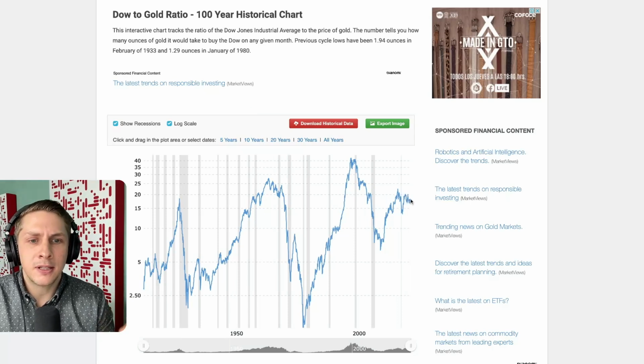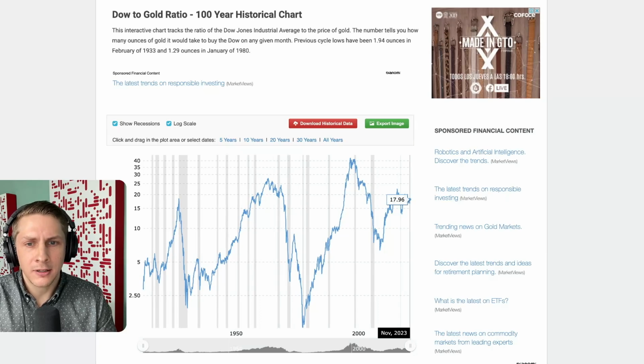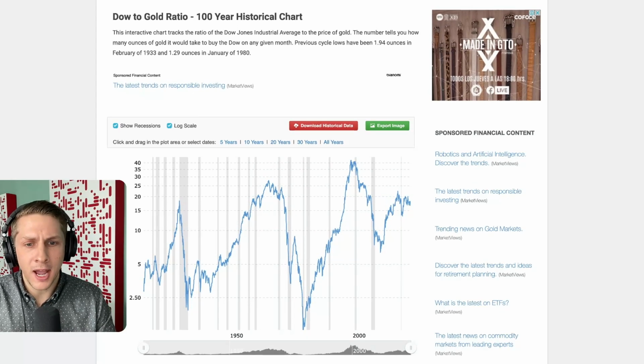So that means it would take about 18 ounces of gold to buy 1 unit of the Dow today. Now, as you can see, it's not an all-time high, but it's definitely way above average when looking at this chart that goes back over 100 years. So average might be about 6, a Dow gold ratio of 6 or so. And right now, we're at about 18.